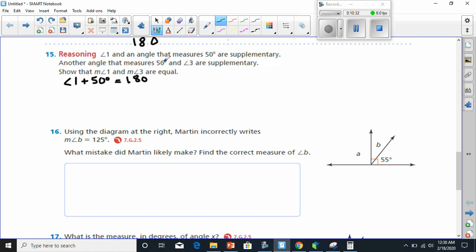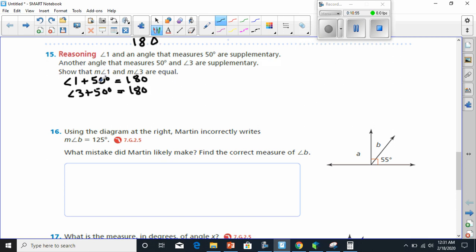And angle 3 and another angle that equals 50 degrees are also supplementary. So they're also equaling 180.